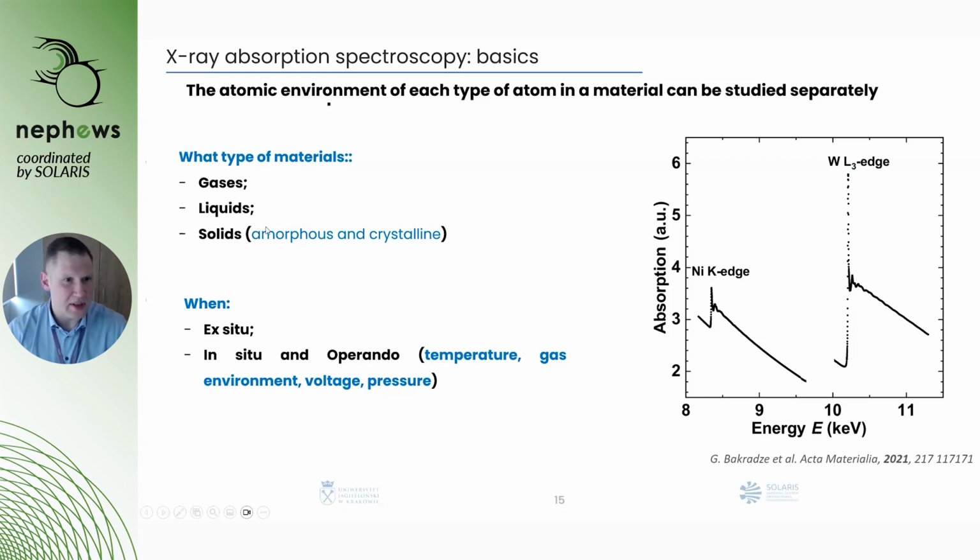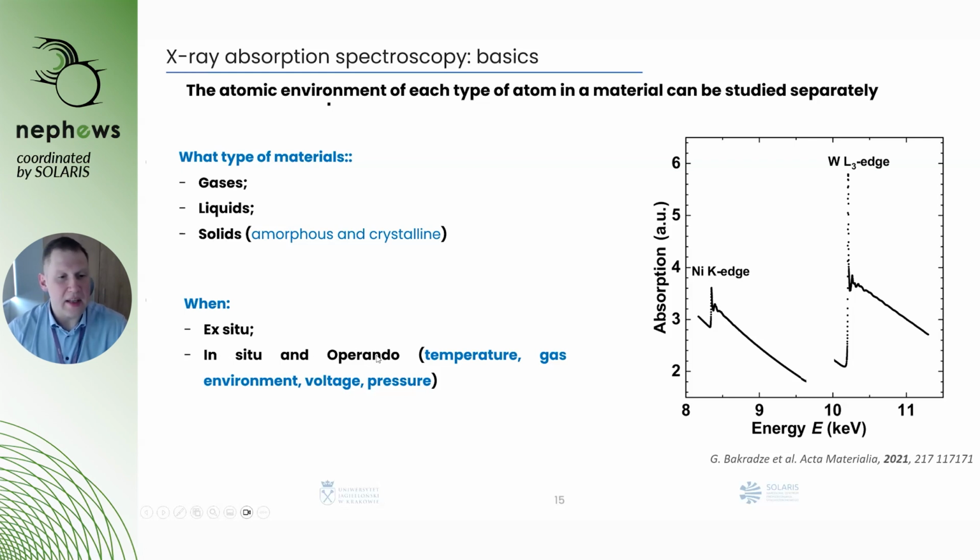For solids it could be amorphous or crystalline, it could be liquids, or it could be gases. We can also make ex situ experiments, but we can also interact with the material: we can change temperature, put our samples in different gas environments, change voltage, change pressure, and so on. In this case, these experiments are called in situ or operando.